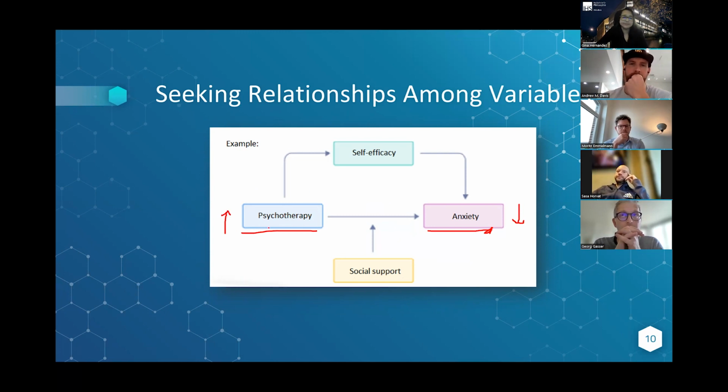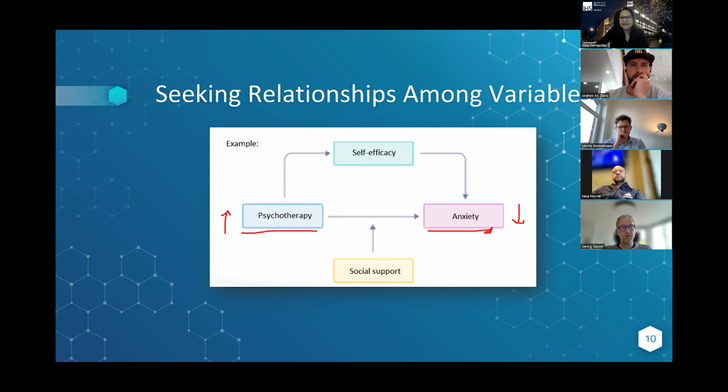In this case, we know how to measure psychotherapy, we can say the number of sessions, for example. And anxiety, we can measure it with a specific scale that is already validated. For example, the Hamilton anxiety scale, we could use that.